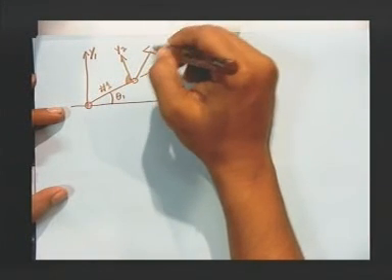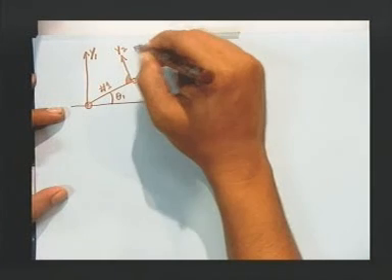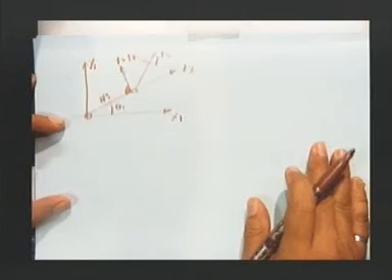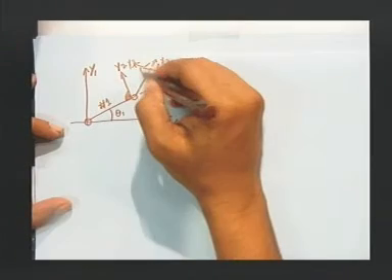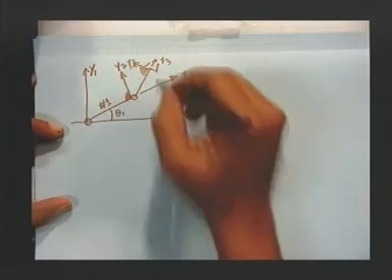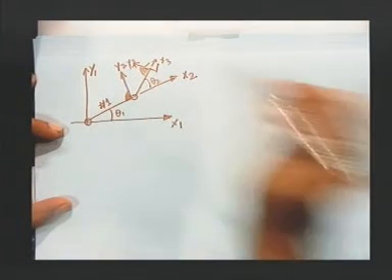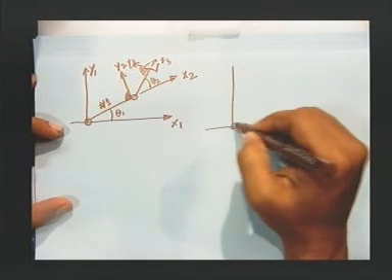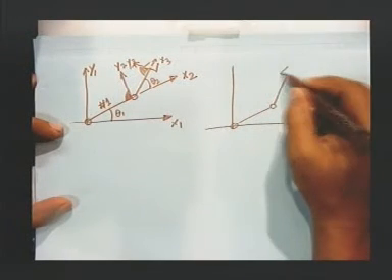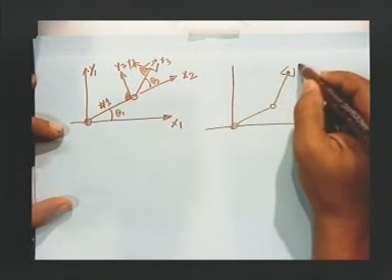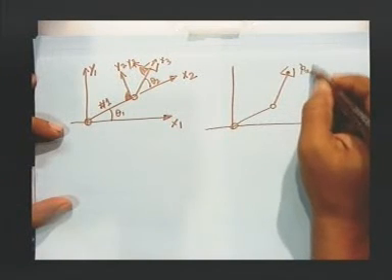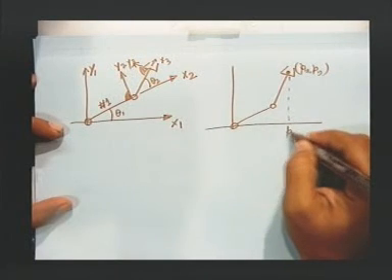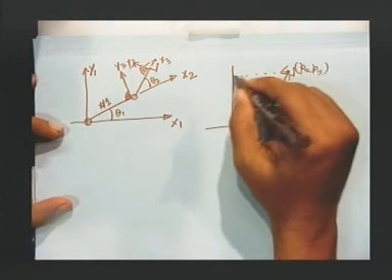Then here will be my x3, y3, and again this is kind of welded here, and this angle is theta 2. If I redraw it, indicate my other important variables, this is my px, py, which means this value is px, this value is py.